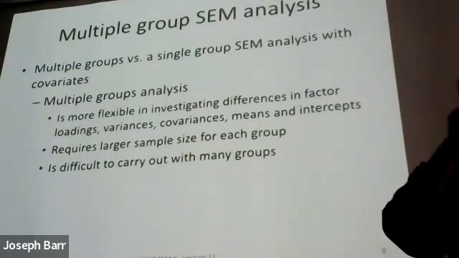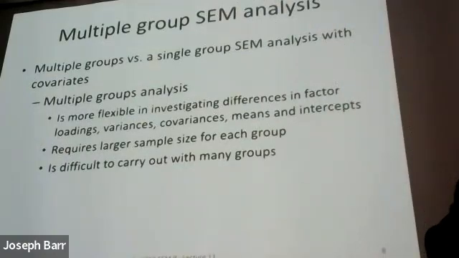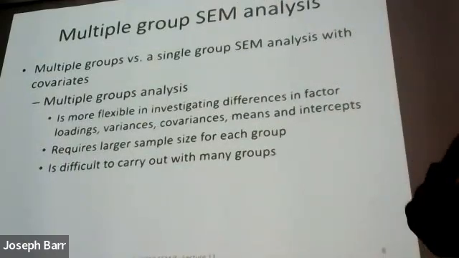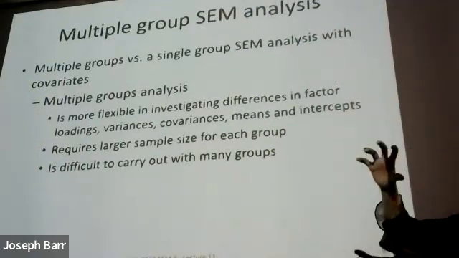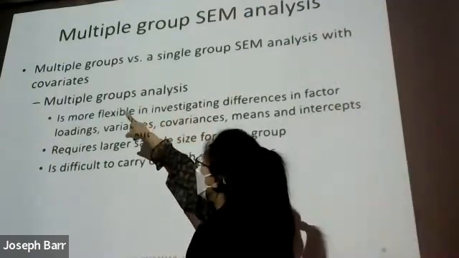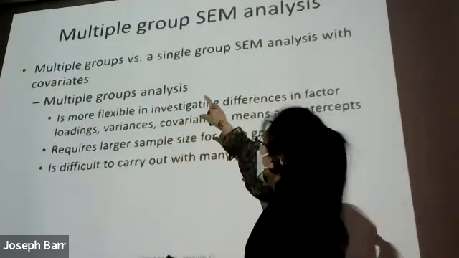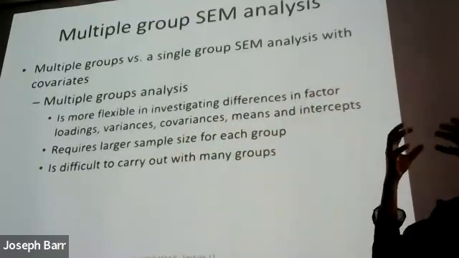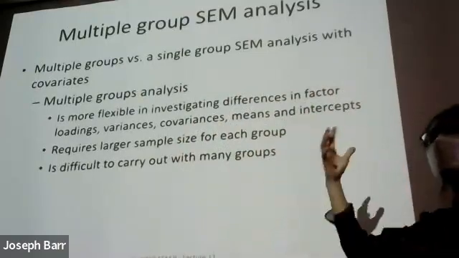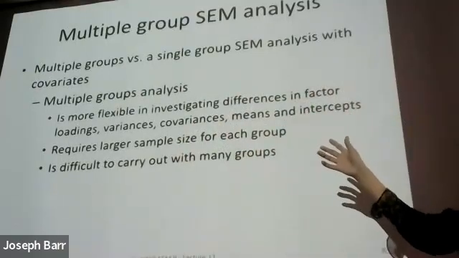When gender is 1, for example, it's female. When gender is 0, it's male. Then we're going to see the difference between these two groups. So that's another possible solution. So, multiple group analysis is one approach, and a single group analysis with the grouping variable as a covariate is another solution. Okay.